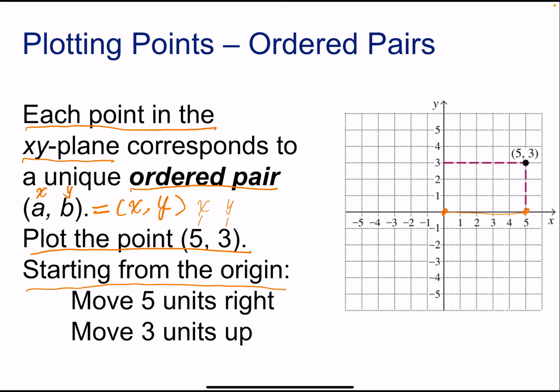And then you move along the y direction, because the y coordinate is 3, so you move up, toward the positive direction of y. You move up 3 units, and you end up with that. So that's how you find the point with coordinate (5, 3).